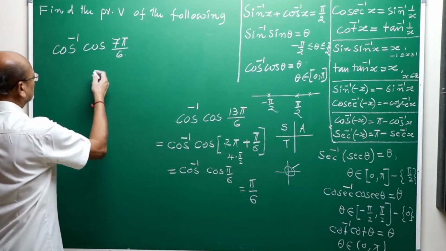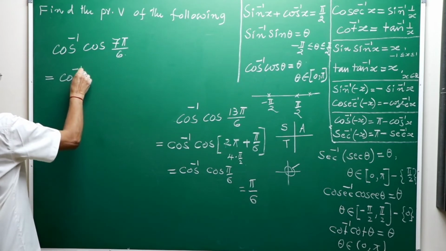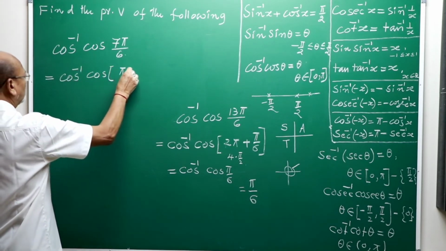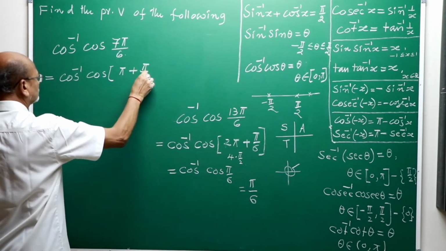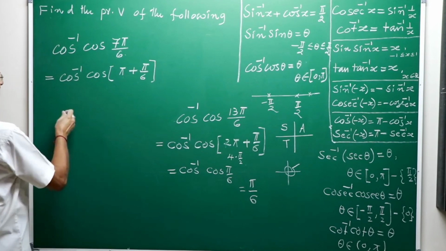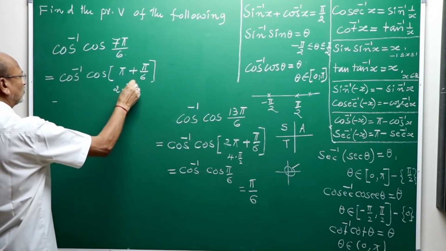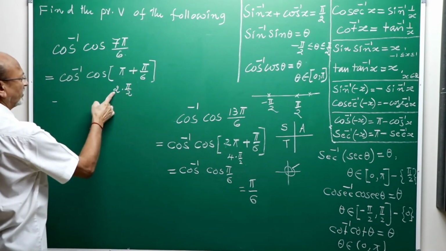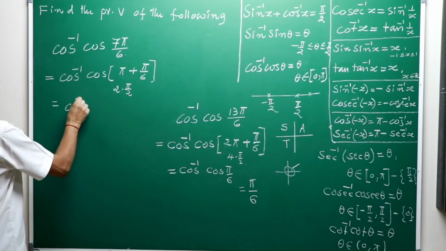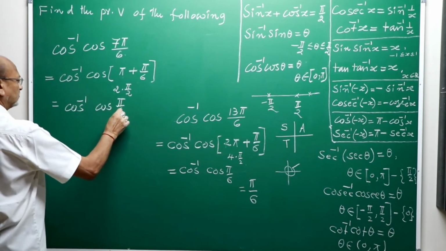This can be written as cos inverse of cos of pi plus pi by 6: 6 plus 1 is 7. This pi can be written as 2 into pi by 2, even, so no change: cos inverse of cos pi by 6.